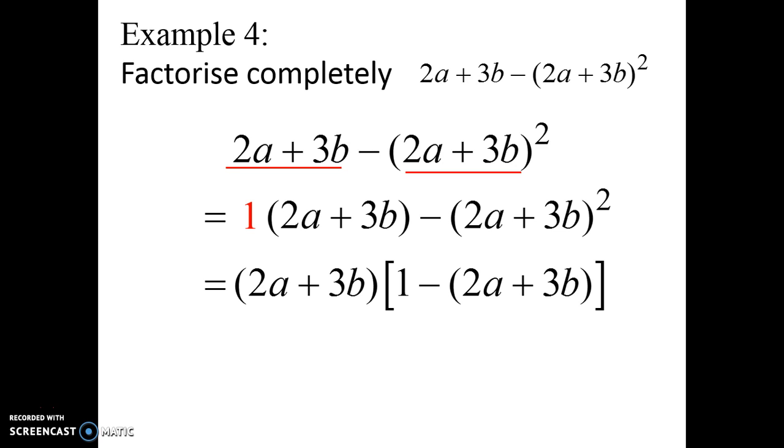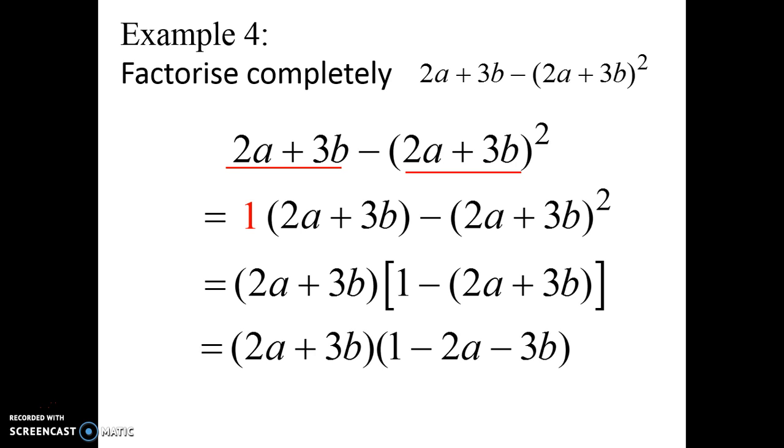Then what is left inside will be 1 minus bracket 2a plus 3b. Simplify the second bracket, and you will get the following expression. Do take note what the 1 is there for in the expression. And when you simplify it, do take note that the sign of 3b will become negative.